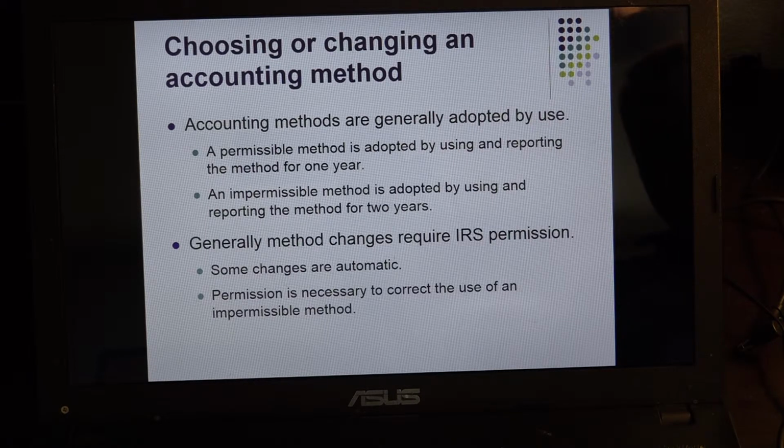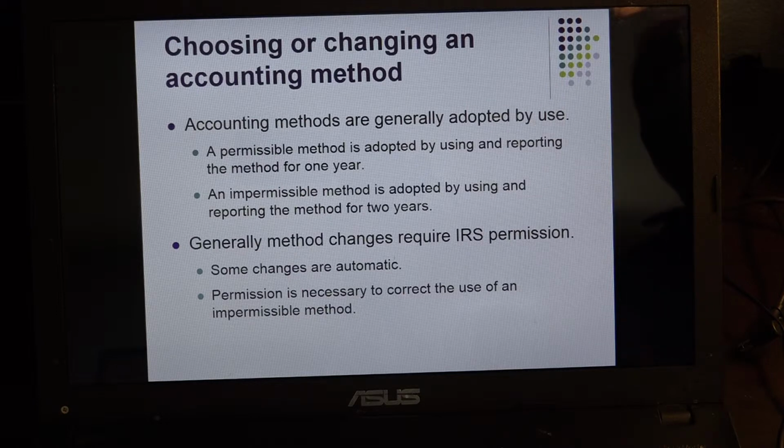Either way, if you've adopted a method, whether it's permissible or impermissible, and you need to change because it's impermissible, and you go, oh, my bad, I need to change to a permissible method.